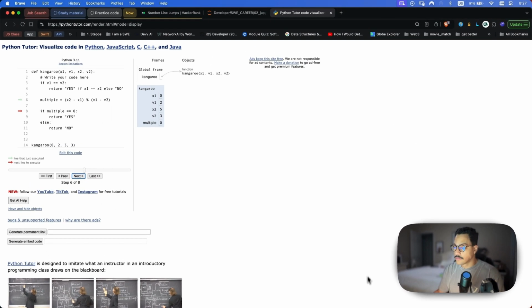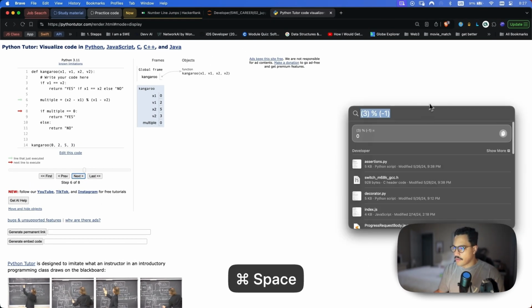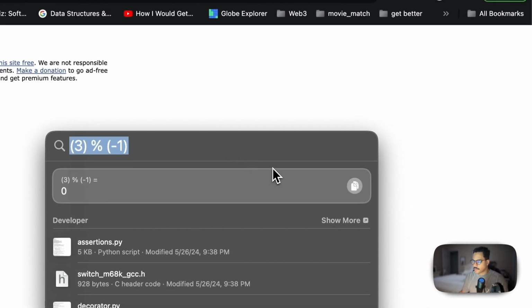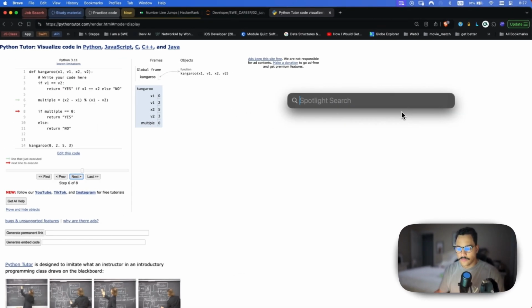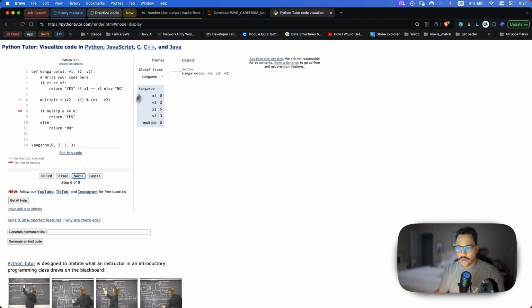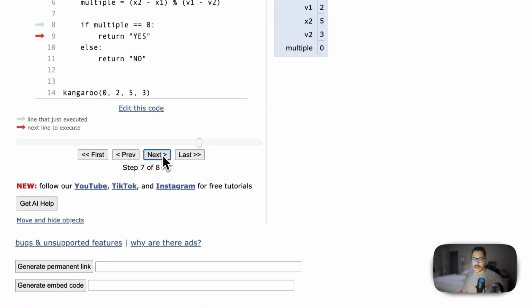Huh, I can't figure out what's going on there. I thought that finding the multiple would help me. And yeah, obviously it's coming as a 0.